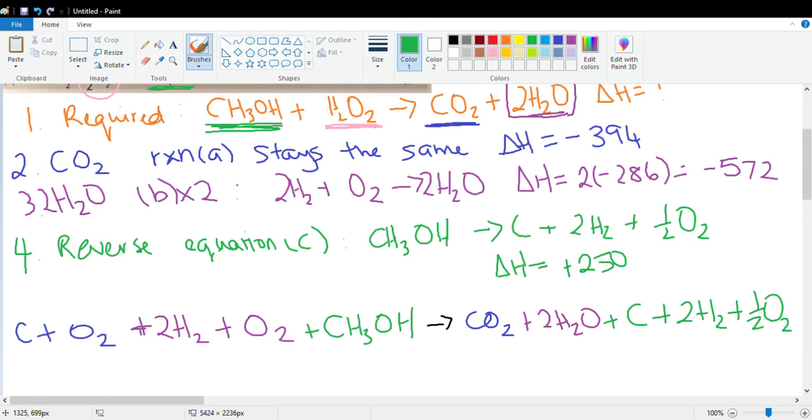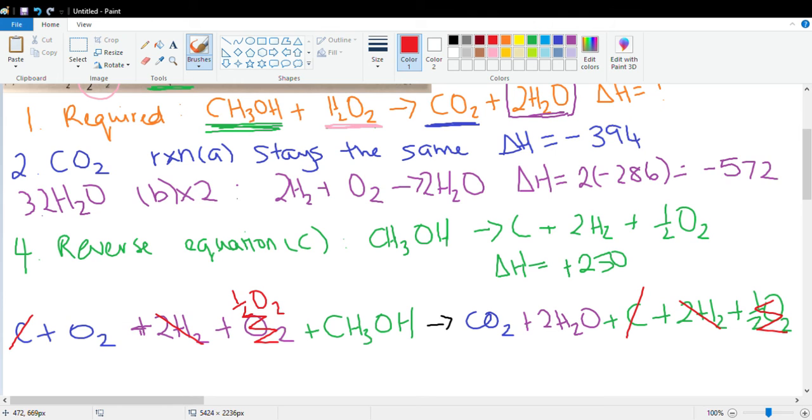And so what we need to do now is tidy that up. We can cancel out the 2 H2s on the left and the right. We can cancel out the carbon on the left and the carbon on the right. We can cancel out this half oxygen with half of this, so that we're left with a half oxygen there as well.